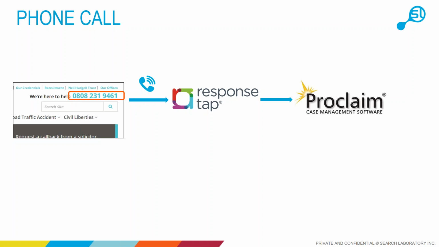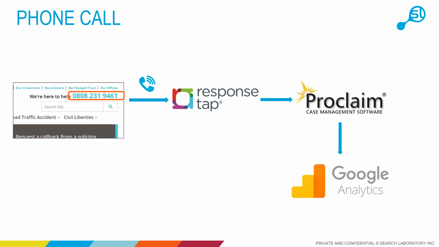We've then done a bit of customization to that solution, and we've been able to push this client ID via the Response Tap call record and get it into Proclaim case management software. Once again, with that client ID in that solution, we can then push any information about what happens offline into Google Analytics.